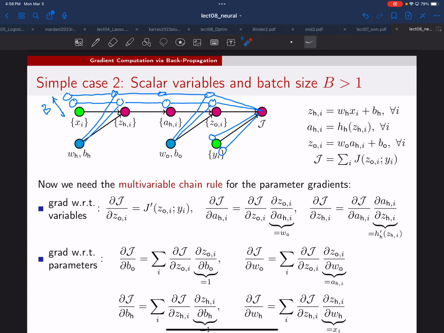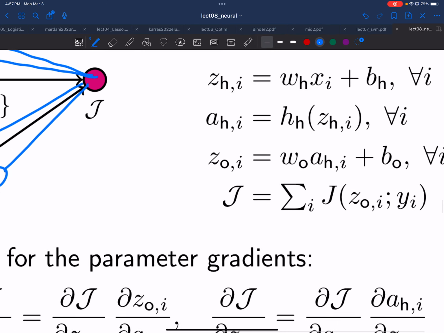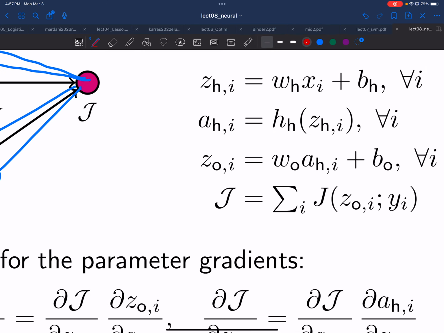Okay, so let's think about the things we'll need for the backward pass. So we're going to first do these different gradients. So dJ/dz_O,i for all the different i. And so that's going to be, basically we just look at this equation. Maybe we should, like we've done elsewhere, put a prime on these i's.